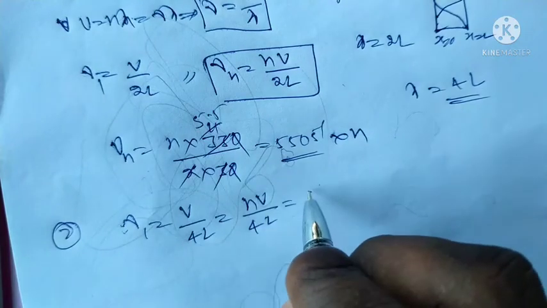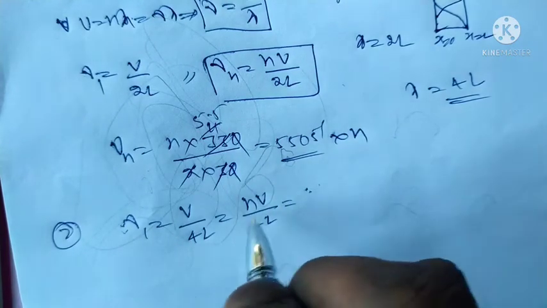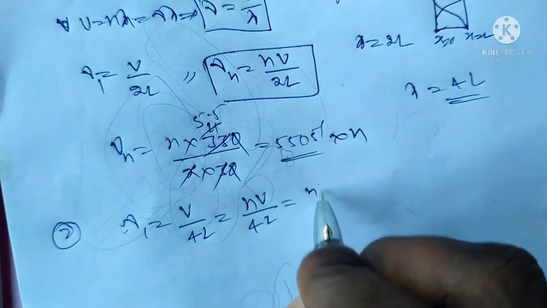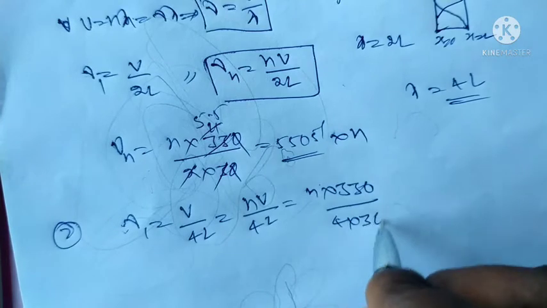Suppose n is equal to 1. First we substitute the V value: n into V, 330 by 4 into 30.